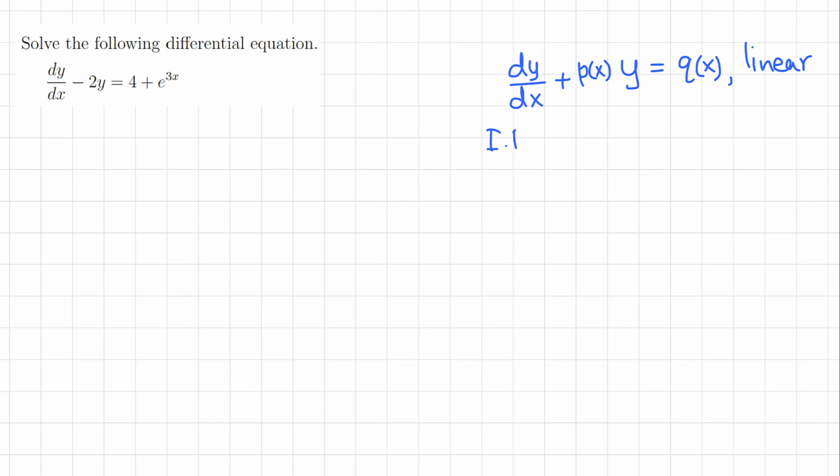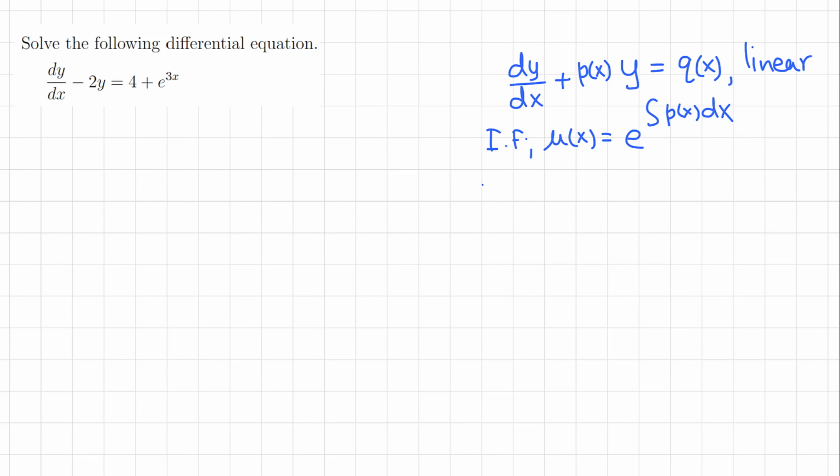The integrating factor, which we denote by mu, is e raised to the integral of this function. It's a minus sign, you need to carry that as well. Then we multiply this differential equation on both sides by the integrating factor.